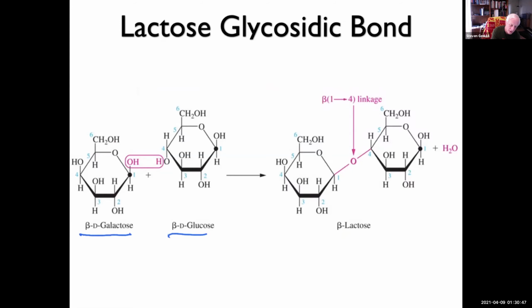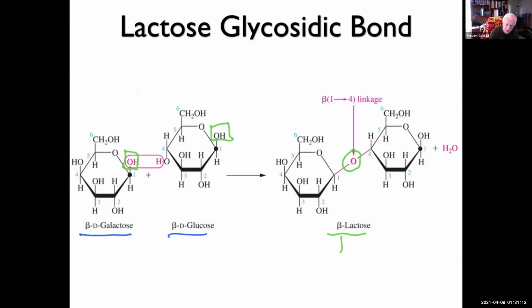Because at the number 1 carbon of each one, the OH group is up. Okay, so they're both beta. The D comes from the Fischer projection, and we're going to lose water, OH and H, between there. So we're going to have an oxygen between the 1 and 4 position, which is right here. That's our beta 1,4 linkage. Okay, and it forms beta lactose.